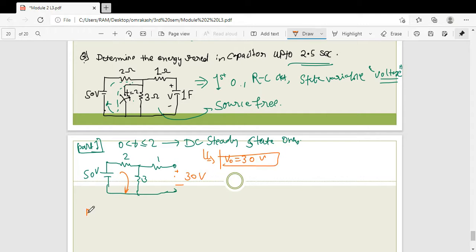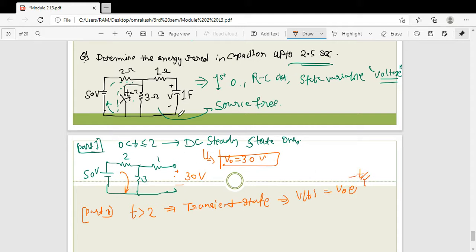Part 2. Part 2 means t greater than 2, right? In that, this is nothing but your transient state, right? Transient state. So what will the equation be? We saw just now: v of t is nothing but your v naught e to the power of minus t by tau.